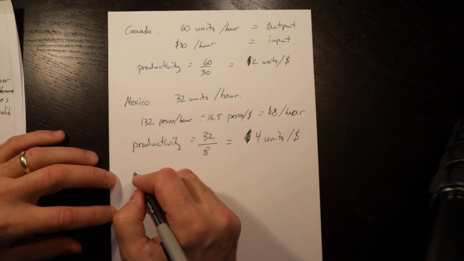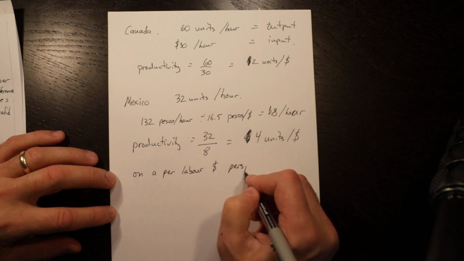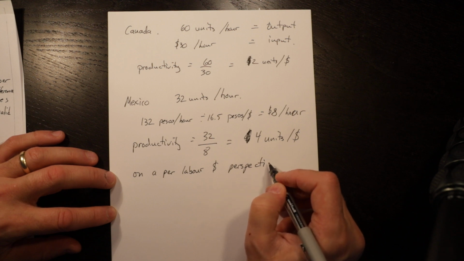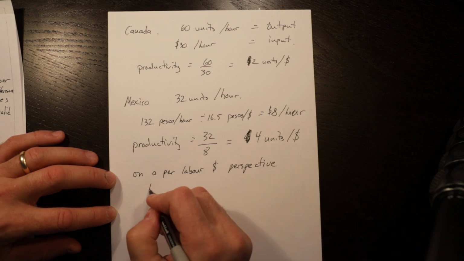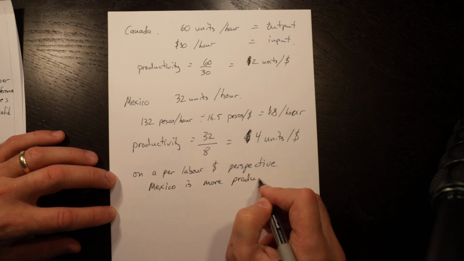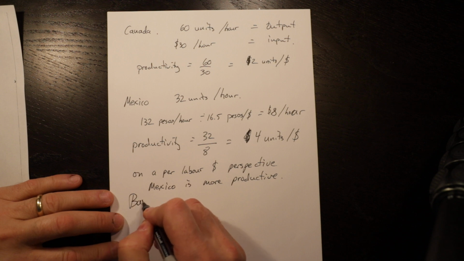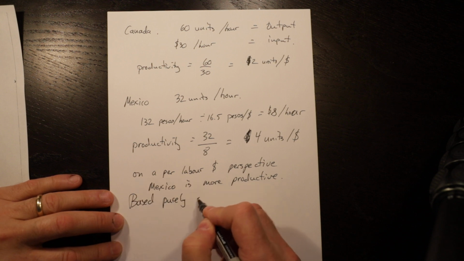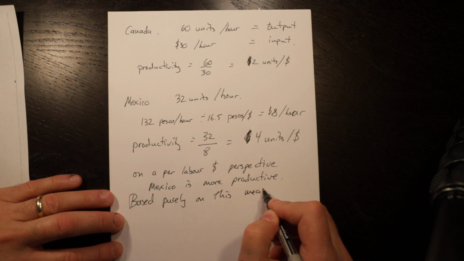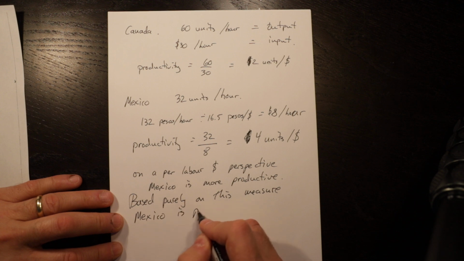So on a per labor dollar perspective, Mexico is more productive. But on a labor hour perspective, Mexico is less productive. So based on this, Mexico is preferred.